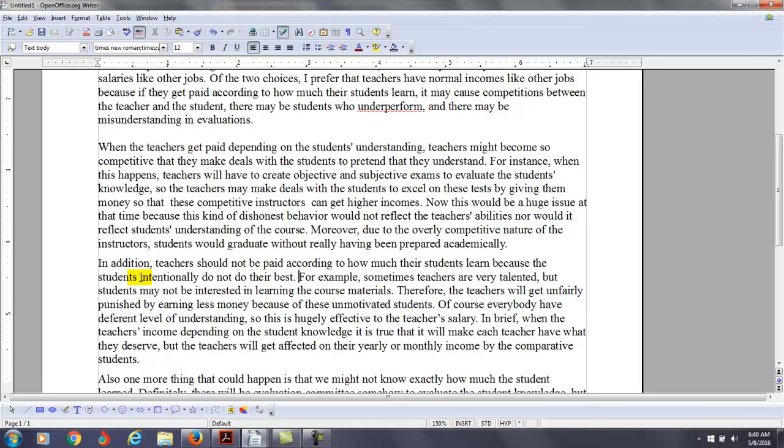So I'm changing that. So that way the example that you give matches what you're saying in the topic sentence.